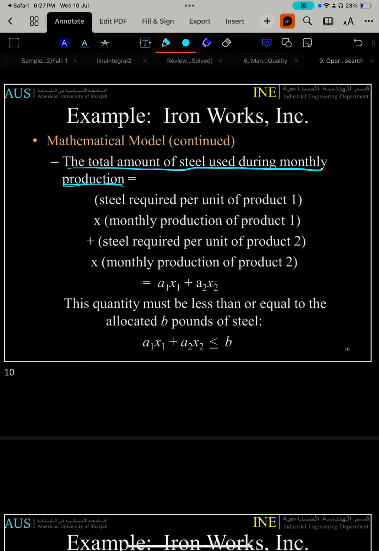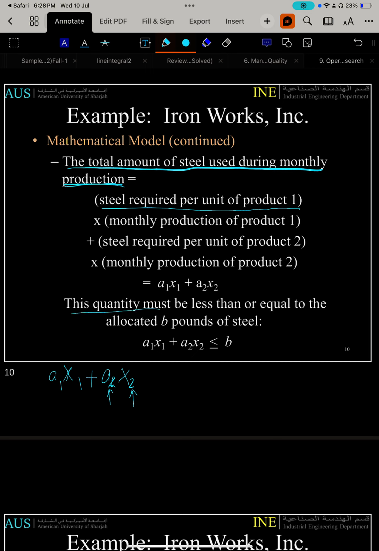The total amount of steel used during monthly production is the amount of steel required per unit. Let's say the amount of steel we need per unit is A1, multiplied by the monthly production of product 1, which is X1, plus A2 multiplied by X2, which is the amount of steel needed for product 2.